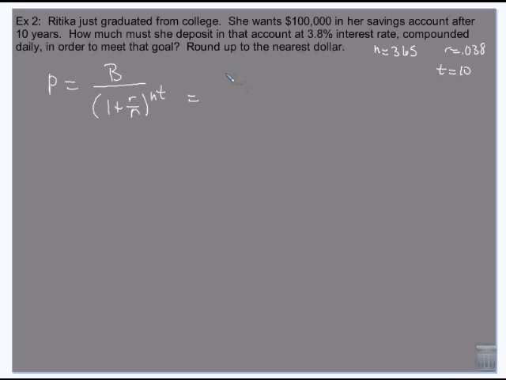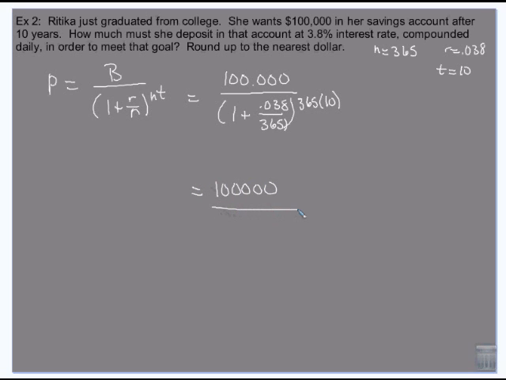So she wants $100,000. To 365 times 10. So we get 100,000 divided by 1.000104 to the 3650, and I did round on this one because there's really no way to keep this in the calculator with one of these kind of basic calculators.